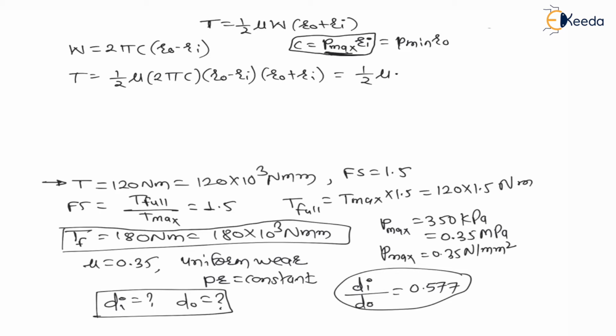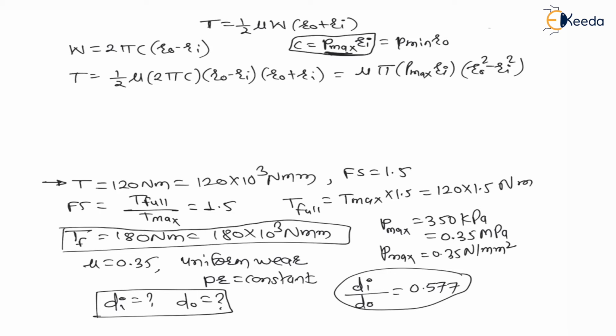Here the 1 half and 2 will get cancelled, right? Therefore here will remain mu pi. C is nothing but maximum pressure into minimum radius Ri, and the product (Ro minus Ri) into (Ro plus Ri) becomes Ro square minus Ri square. This will be the result, right?